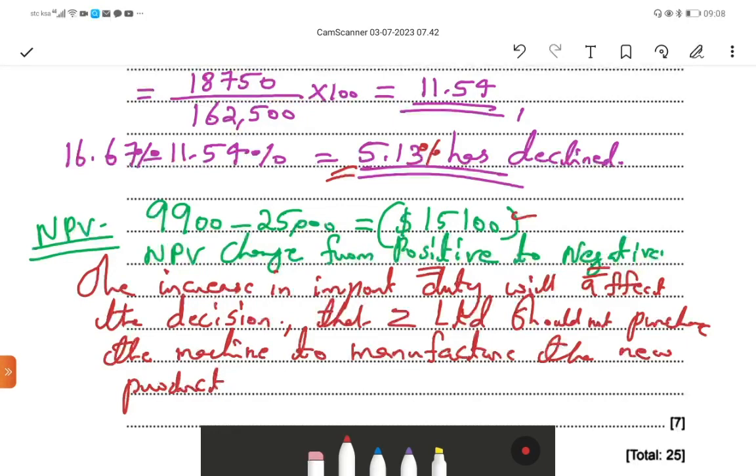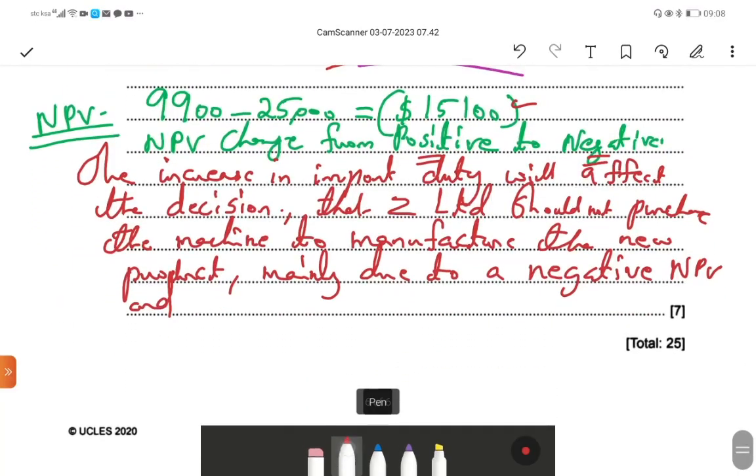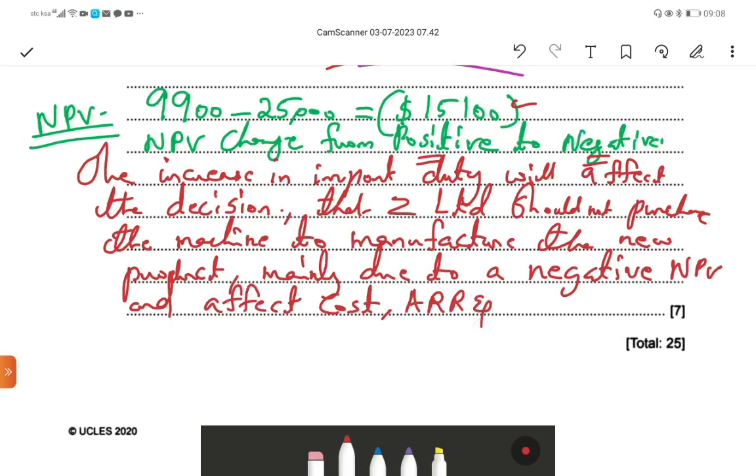What is the reason? Mainly due to a negative net present value and the effect on cost, ARR and IRR also.